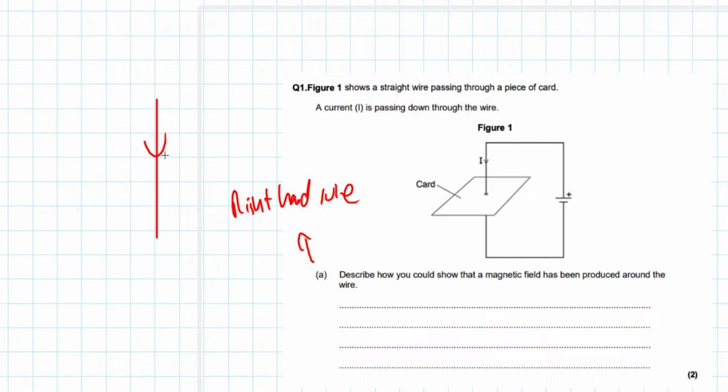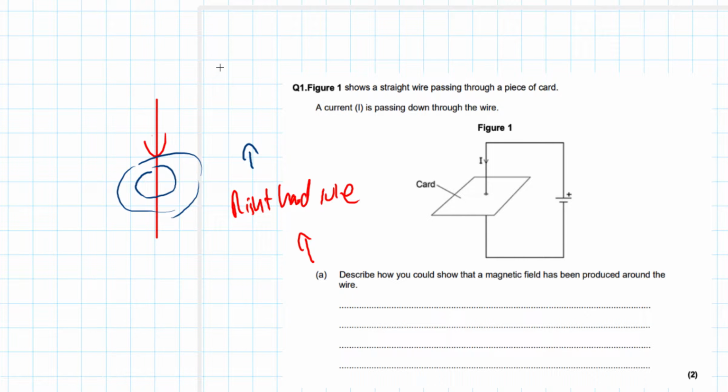is passing down here, and this will generate or induce a magnetic field around it. So as the current passes through the wire, there's a magnetic field around it. Any wire will have a magnetic field around it as long as there is a current.